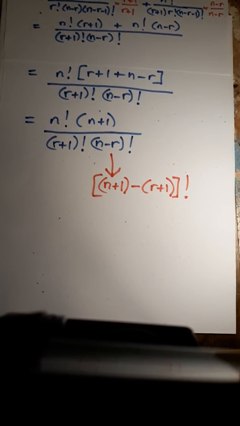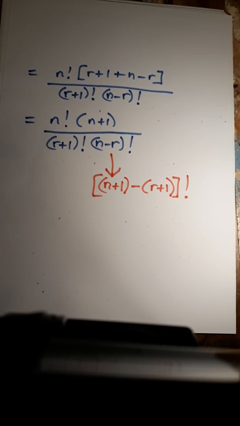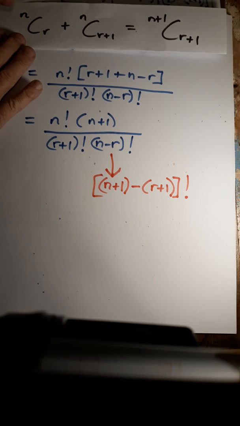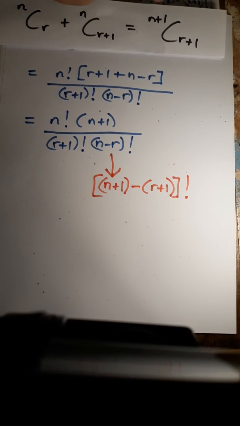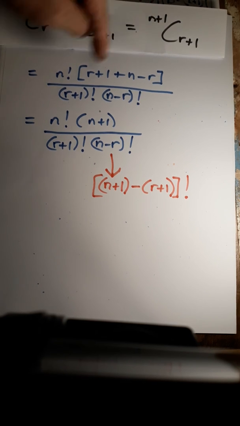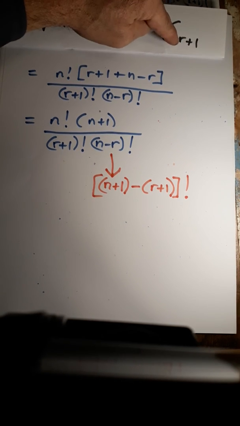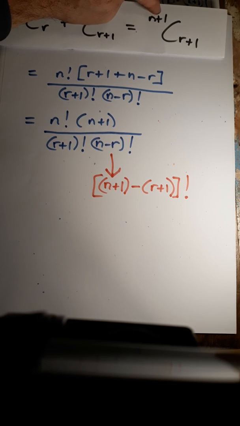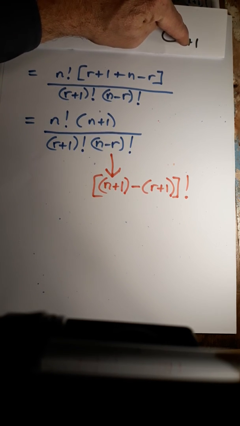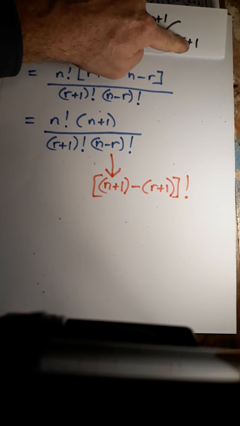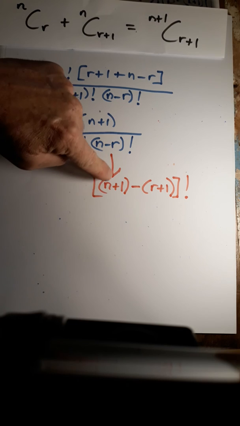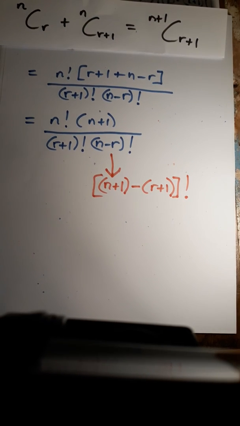And the reason I ask that, and I'll show you the original question that we're trying to answer, is I'm trying to show that this left side equals the right side. And the correct way to write that out is n plus 1 factorial on the top line, which this is going to give us. And on the bottom, we know that you do n plus 1 minus r plus 1 factorial times r plus 1 factorial. So if this equals this, we're going to be able to get what we need.